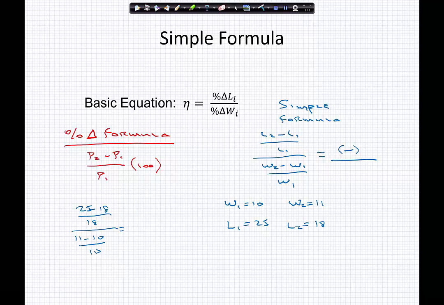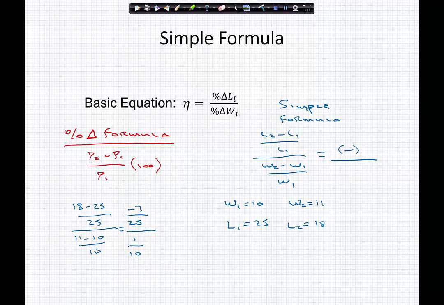I believe I've done these values in the numerator here backwards. This should have been L2 minus L1, so it should have been 18 minus 25 divided by 25. So now we're going to think about this. This will be negative 7 divided by 25. And now all of that divided by 1 divided by 10.